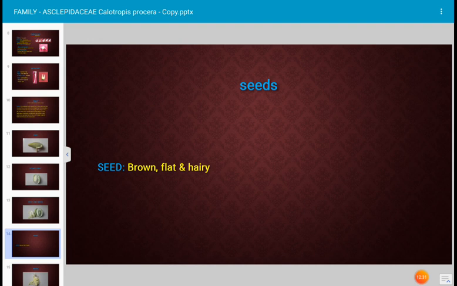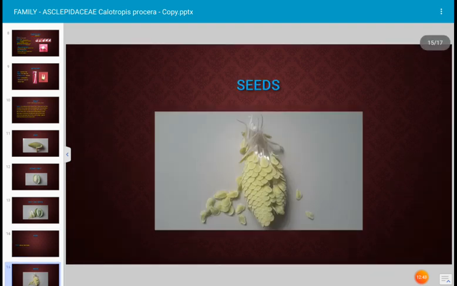The seeds, after maturity, become dark brown in color, and the seeds are very flat and hairy. The hairs on the seed help in the transfer of seeds from one place to another. These are the seeds arranged inside the follicle of Calotropis procera.